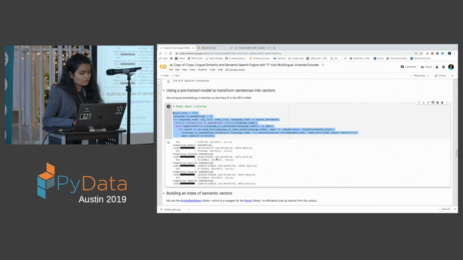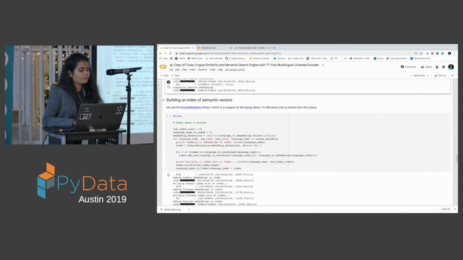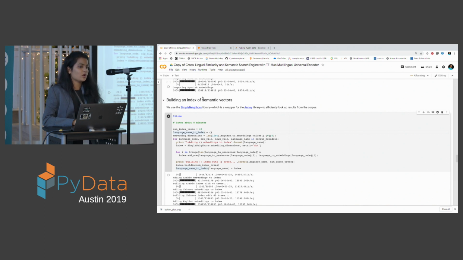After that, you build an index of the semantic vectors. So now you have all these vectors for different sentences, and you are building a very simple index to find, given any vector, an approximate nearest neighbor for that vector.